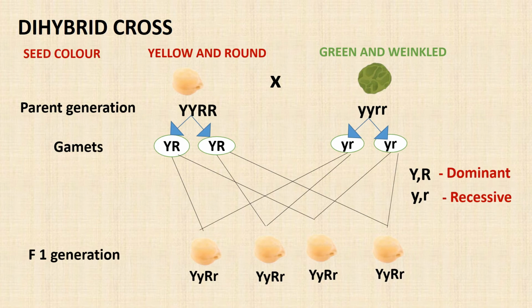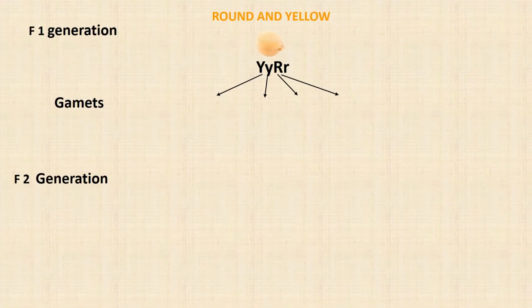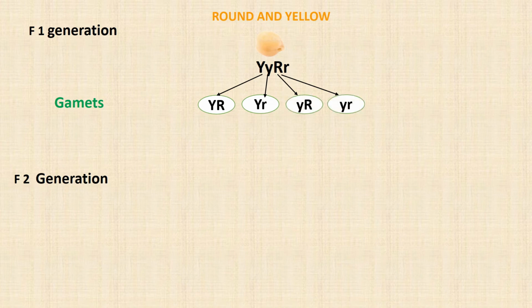The F1 generation plants are self-pollinated and we get the F2 generation. To better understand this, we draw a Punnett square. The gametes forming from the F1 generation are capital Y capital R, capital Y small r, small y capital R, and small y small r.